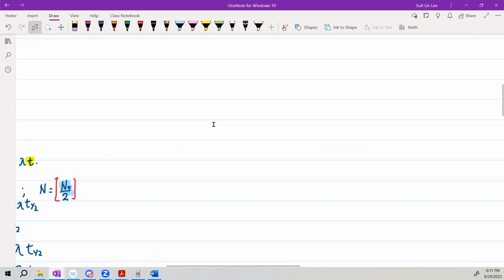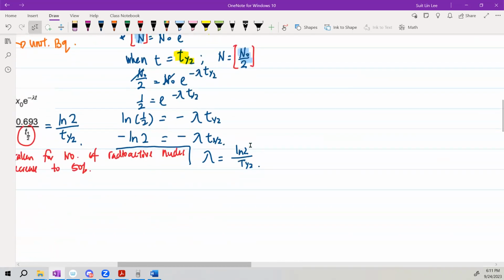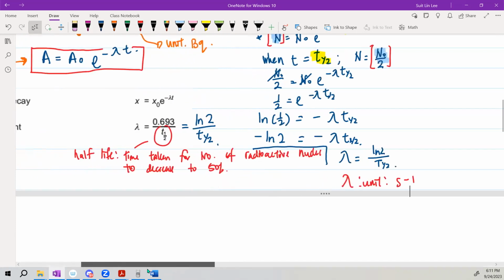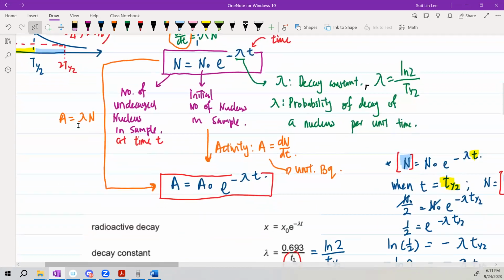Check your understanding of half-life here. To find lambda, I take ln 2 over half-life, right? So isn't the unit second negative 1 because half-life is underneath? Another way to check is look here at this one.